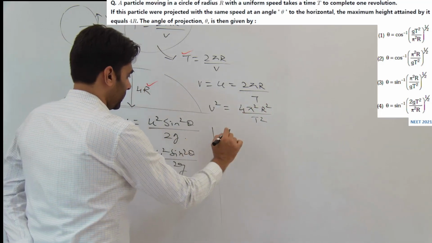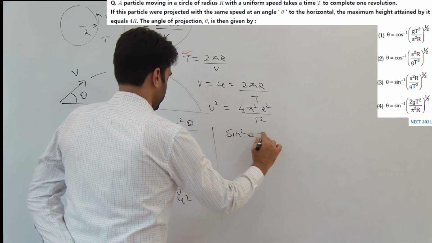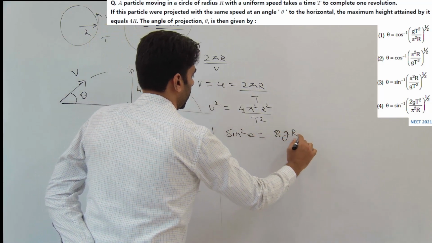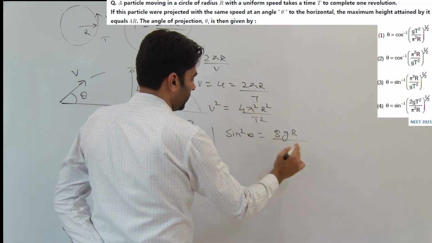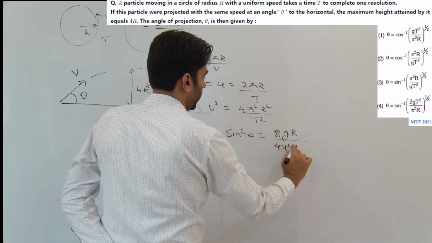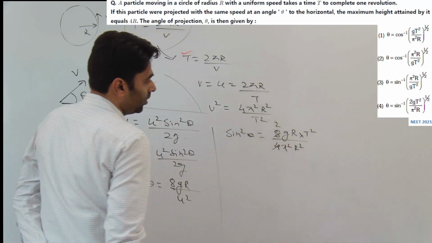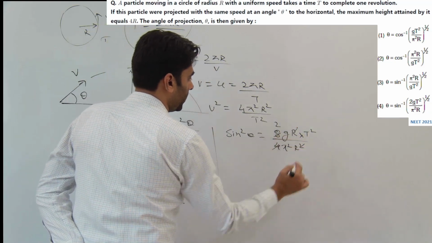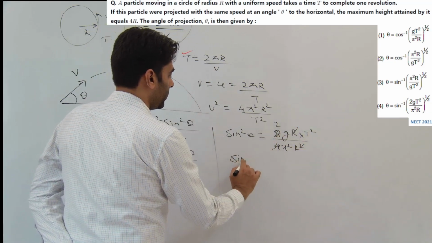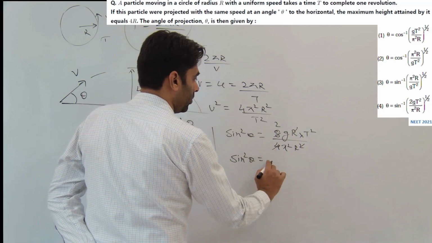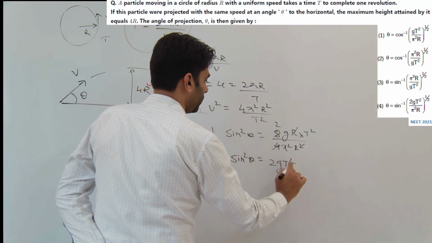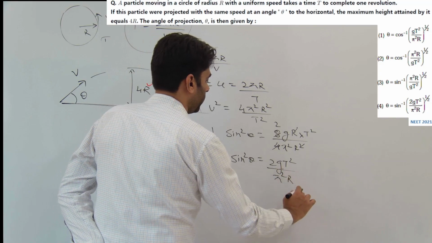So sine square theta equals 8gr by 4 pi square r square by t square. 1 r and 1 r cancel out. Sine square theta comes out 2g t square by pi square r.